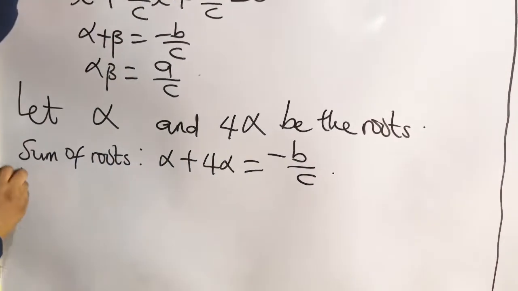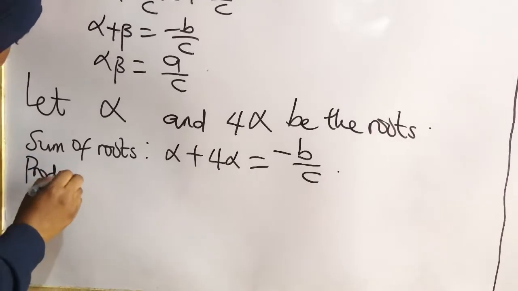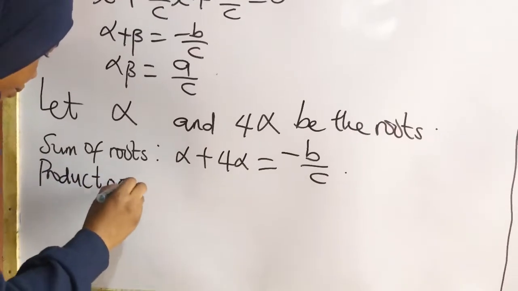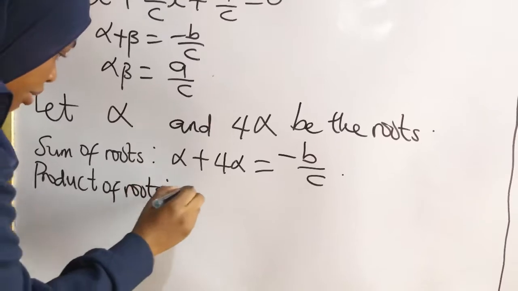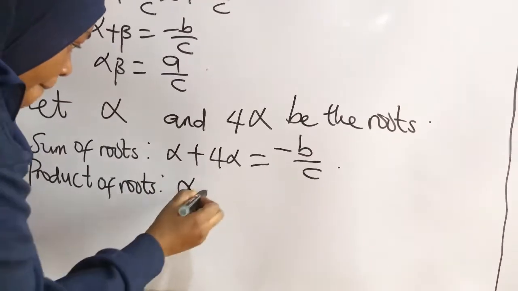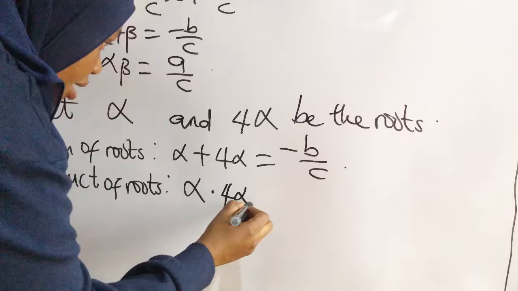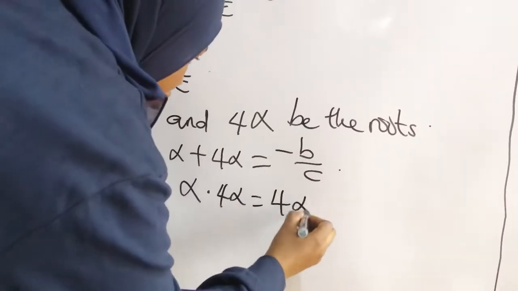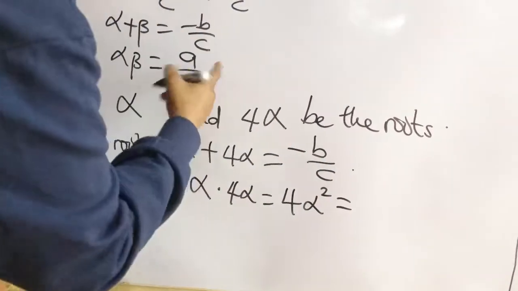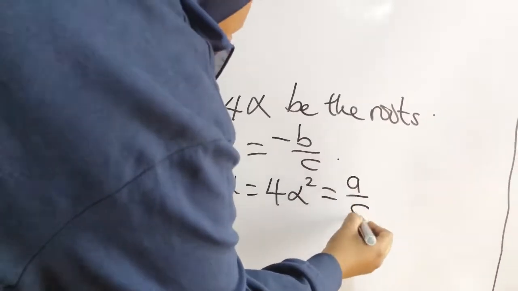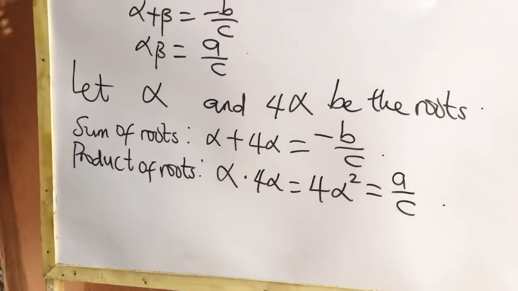And the product of roots will be alpha multiplied by 4 alpha, which is 4 alpha squared, and is equal to a over c. So we have to note that one.